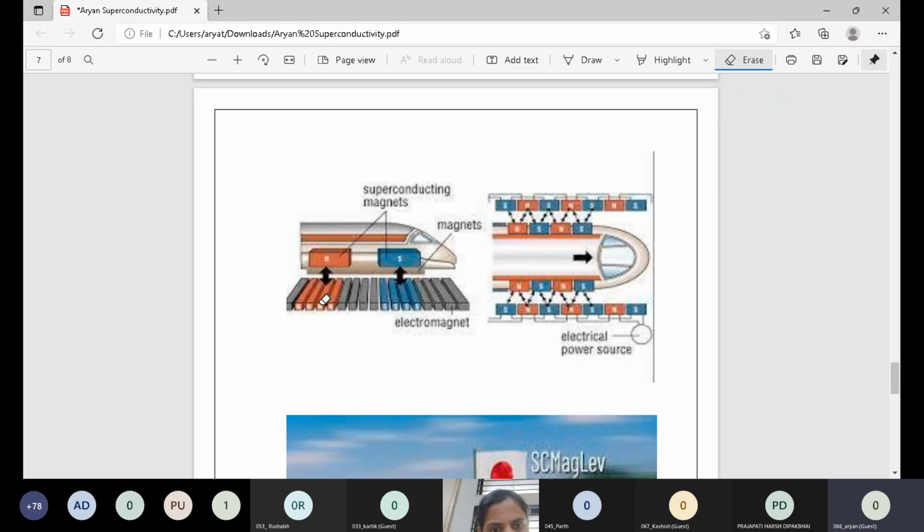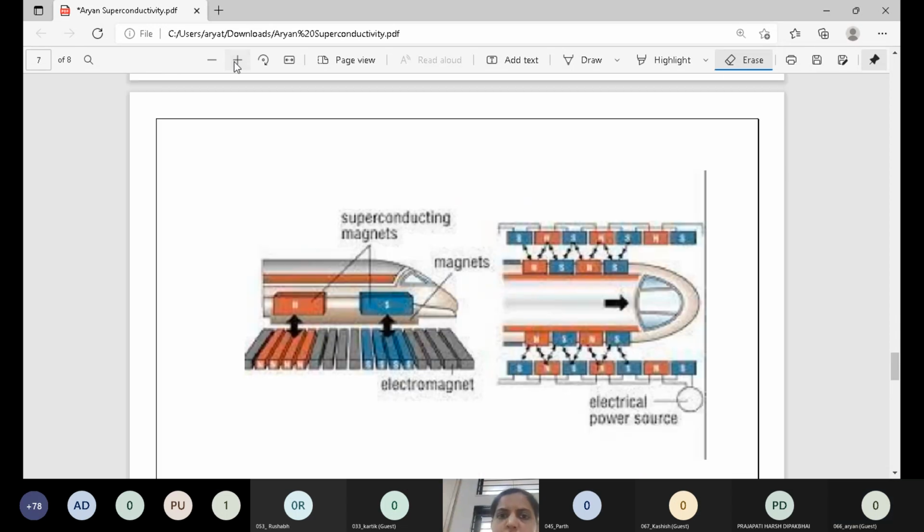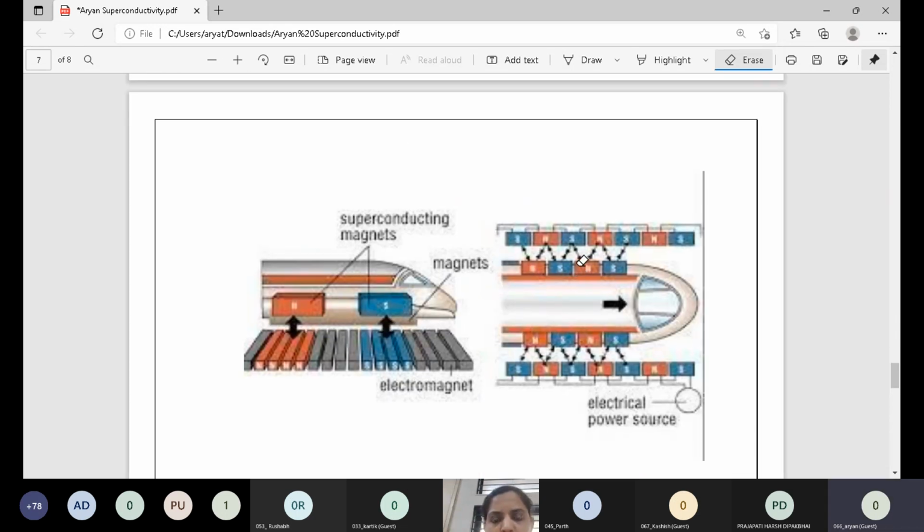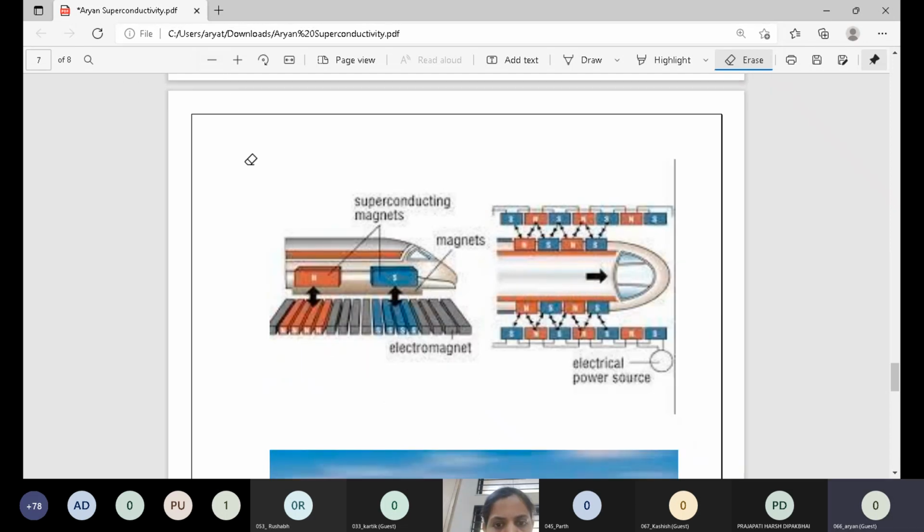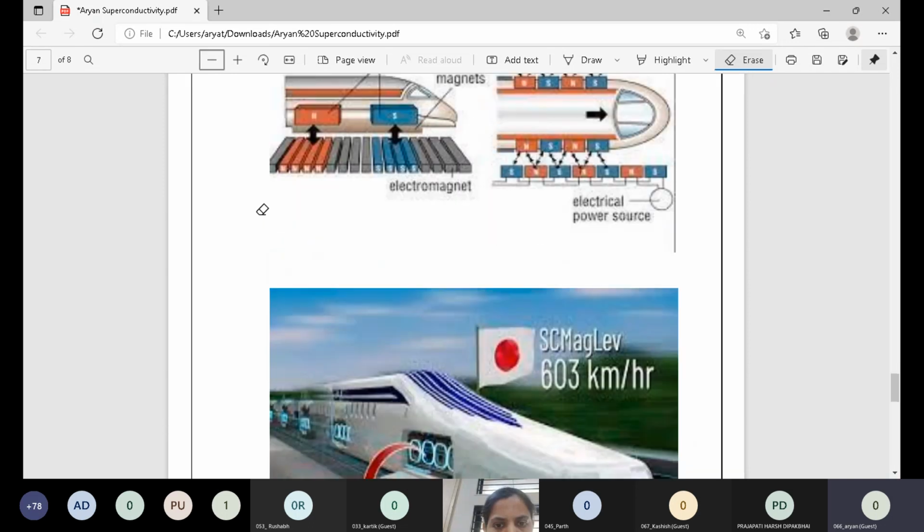You can see in both pictures the train is going simultaneously with the help of both. If you zoom this picture, you can find that N and S constantly and simultaneously use attraction and repulsion, which is helped by the superconducting magnets.